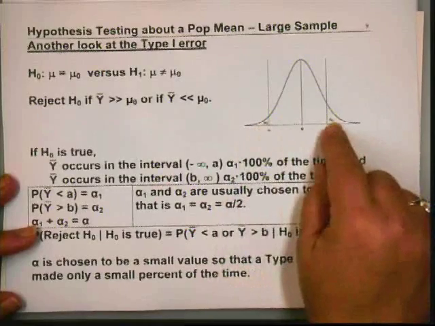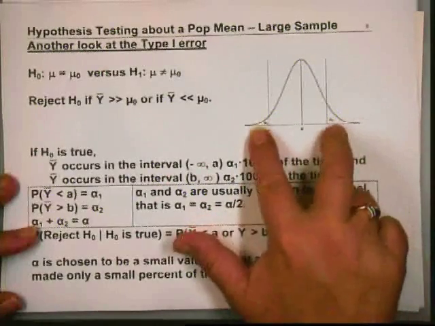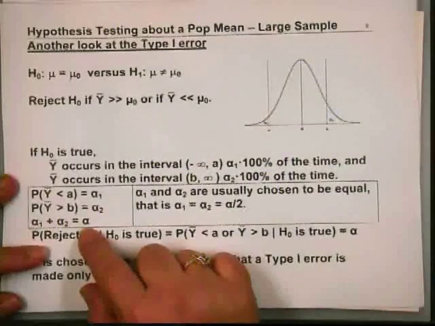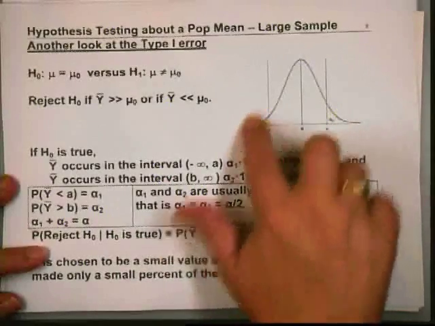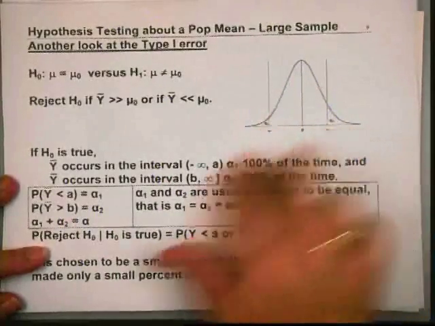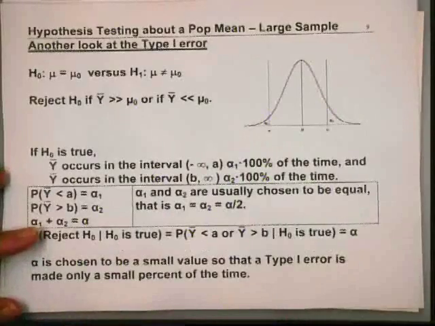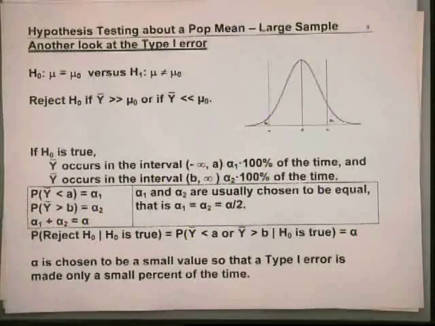This area over here is alpha 2. The combination of those is what we call alpha. Most typically, when we conduct a two-sided test, we choose those tail areas to be equal if we have a symmetric distribution, especially. There may be some more advanced applications where you would want alpha 1 and alpha 2 to be different sizes.